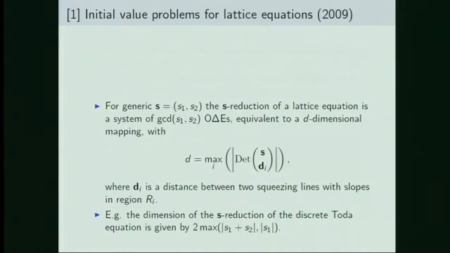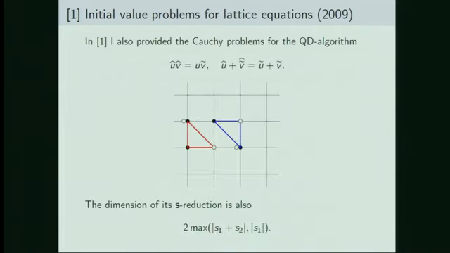And for example, for this discrete Toda equation, you get that this is the dimension of the reduction of your S periodicity initial value problem. So in the same paper, I also did something for one particular system. This is the quotient difference algorithm.